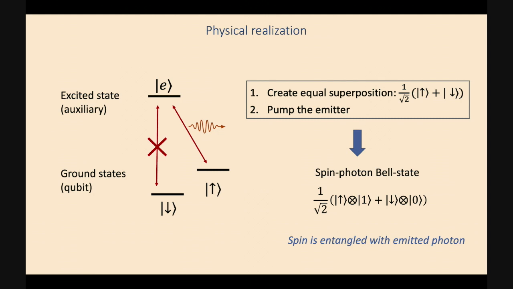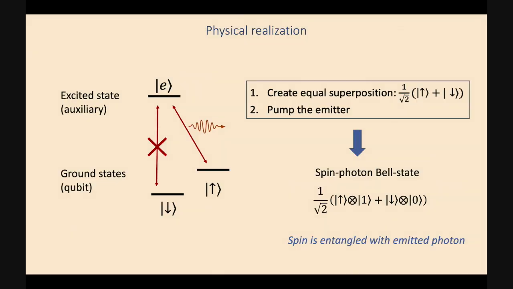And let's say that's a spin state, so spin up and down. And then there exists some excited state that only couples to one of them. So the X here is meant to show that that transition does not happen and the other one does. So what you can do is you can excite this up state to state E, and upon decay, a photon comes out.